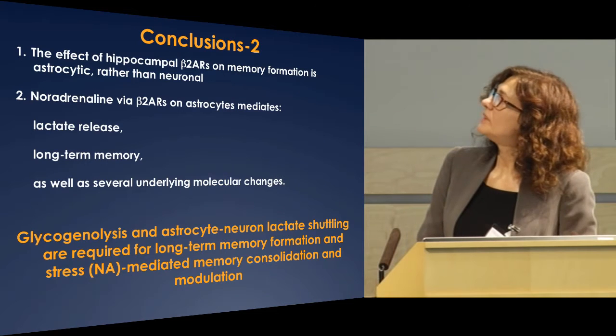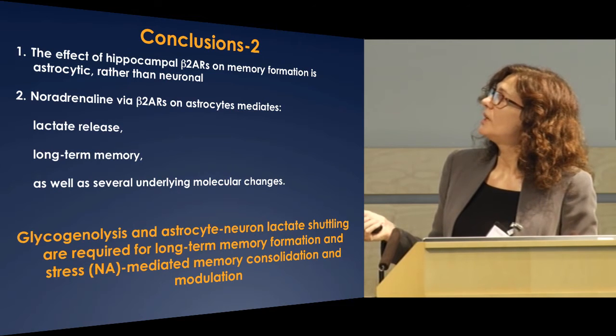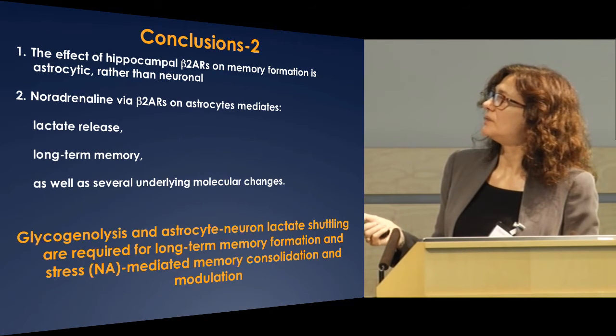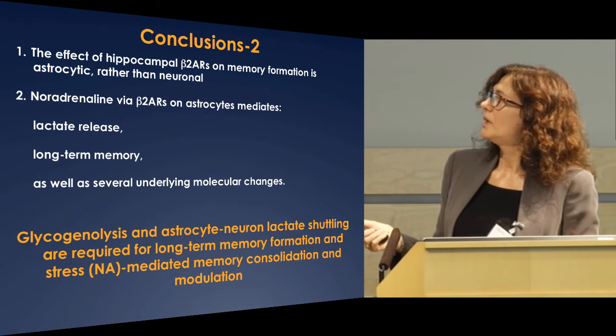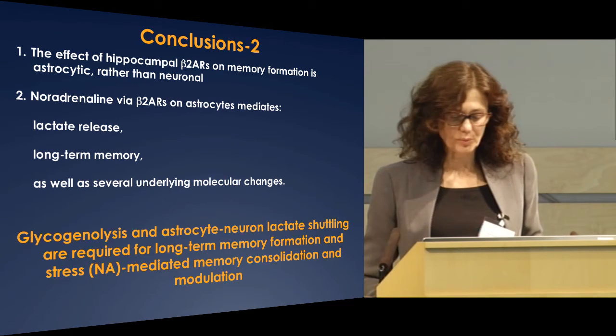So in conclusion, the effect of hippocampal beta-2 adrenergic receptors on memory formation is astrocytic rather than neuronal. Noradrenaline via beta-2 adrenergic receptors on astrocytes mediates lactate release, long-term memory, and the underlying molecular changes, including those occurring in neurons for long-term memory formation.